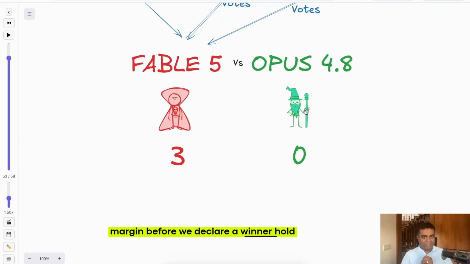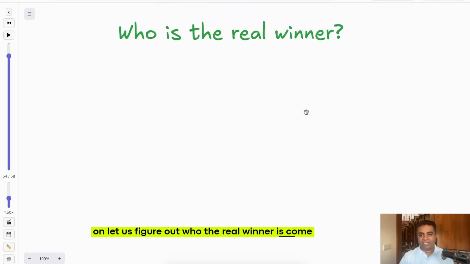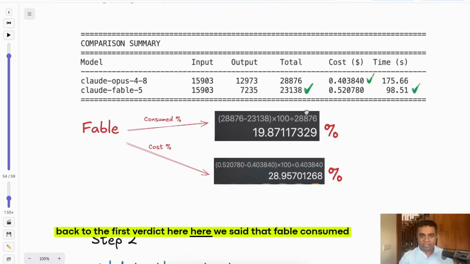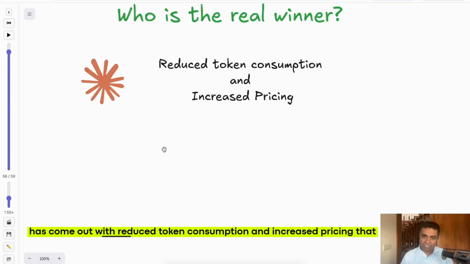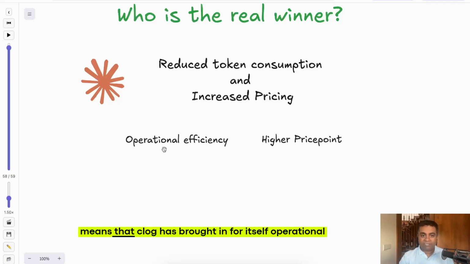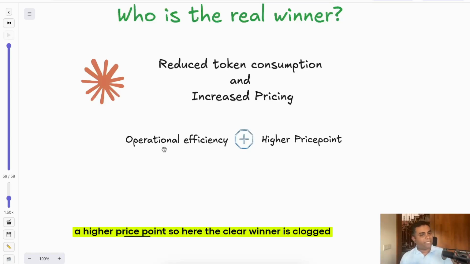Before we declare a winner, hold on, let us figure out who the real winner is. Come back to the first verdict here. Here we said that Fable consumed 20% lesser tokens. The cost was almost 30% higher. So under the hood, Fable 5 has come out with reduced token consumption and increased pricing. That means Claude has brought in for itself operational efficiency at a higher price point.